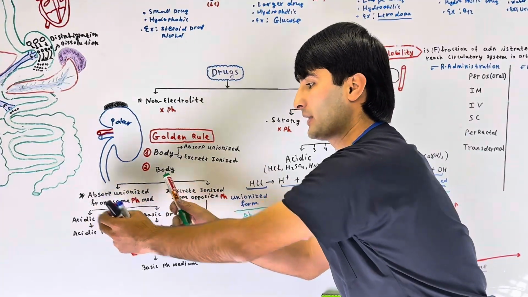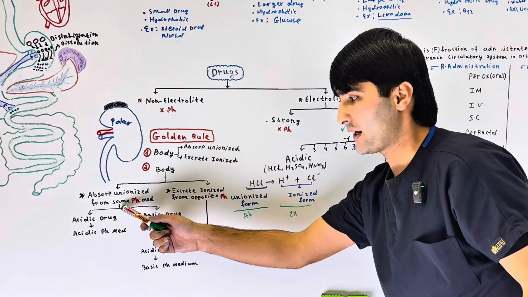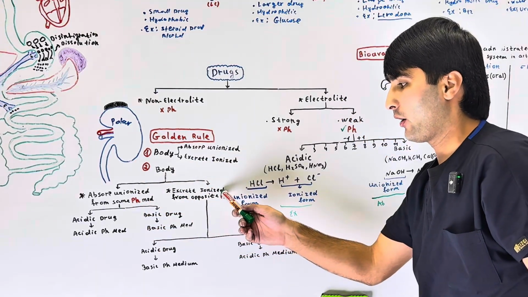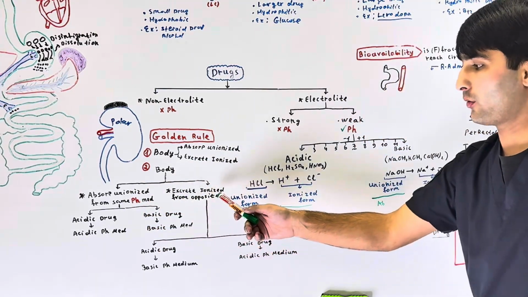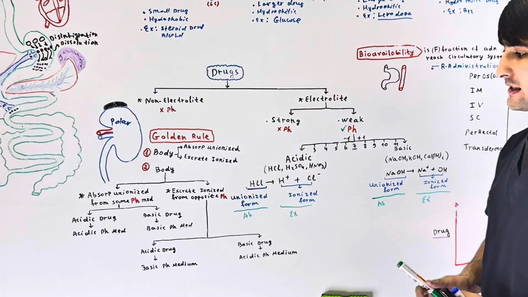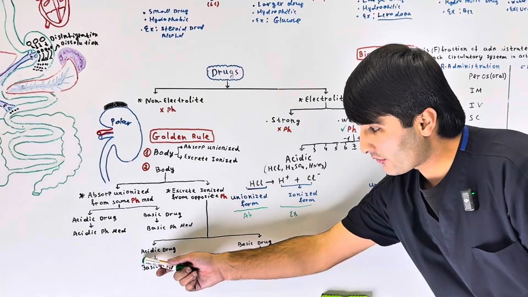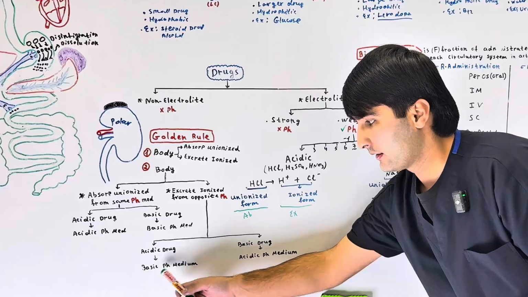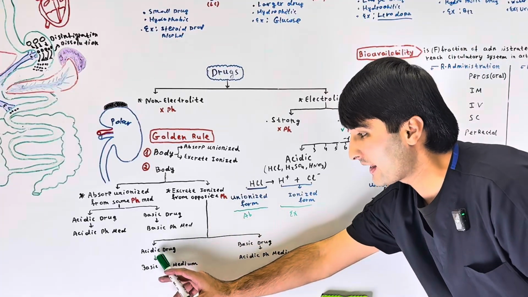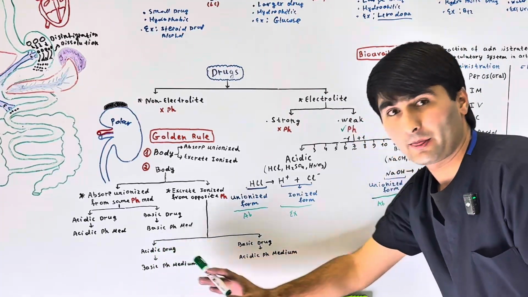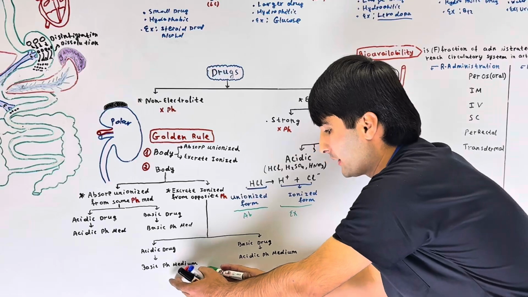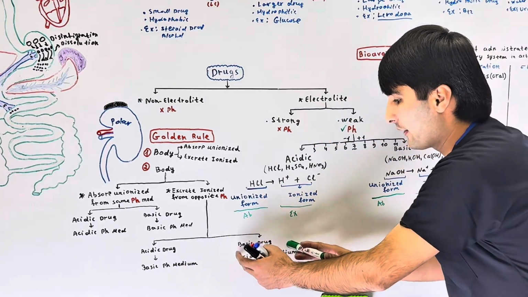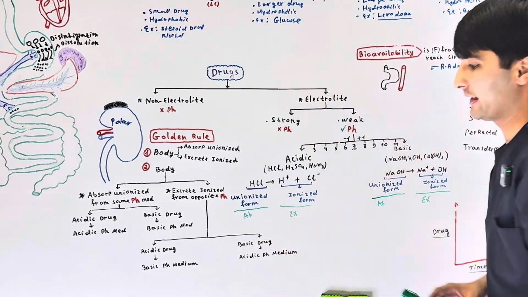The body absorbs the unionized form from the same pH medium, but excretes the ionized form of the drug from the opposite pH medium. What does it mean? If the drug is acidic, it will be excreted through the basic pH medium. If the drug is basic, it will be excreted through the acidic pH medium.